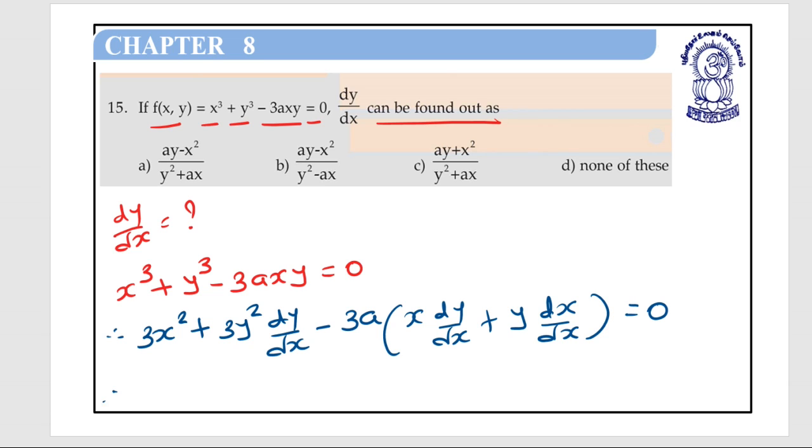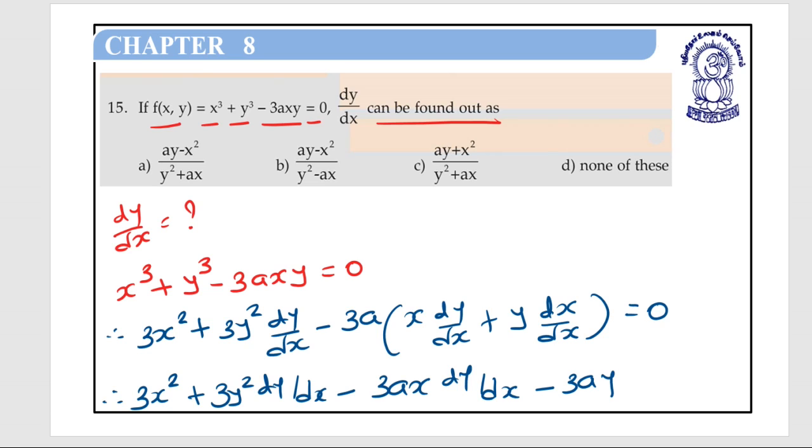So 3x square plus 3y square dy by dx minus 3ax dy by dx minus 3ay is equal to 0.